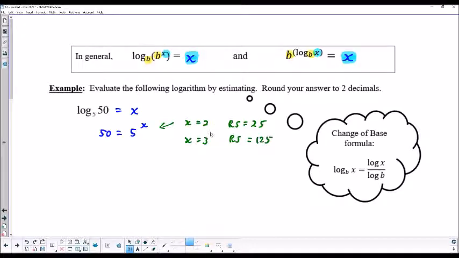So we know it has to be between 2 and 3. Then you can start guessing. We know that 50 is closer to 25 than it is to 125. So maybe you can say x could be 2.3, for example. And then you'd have to do that calculation. Unfortunately, I don't have my calculator with me to figure this out.